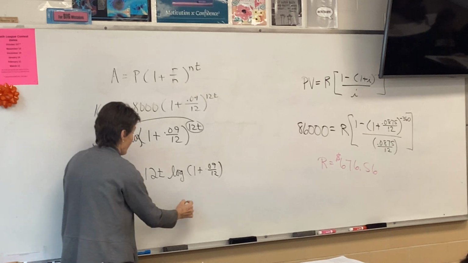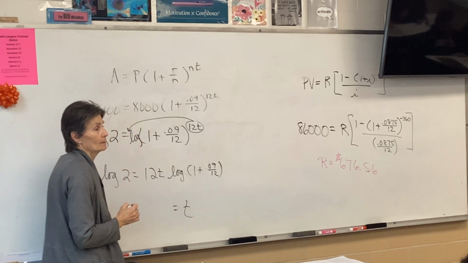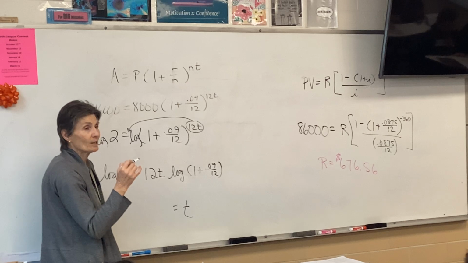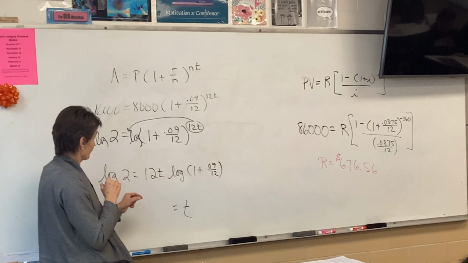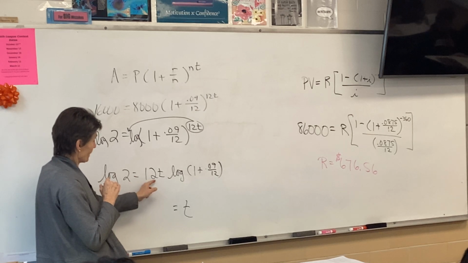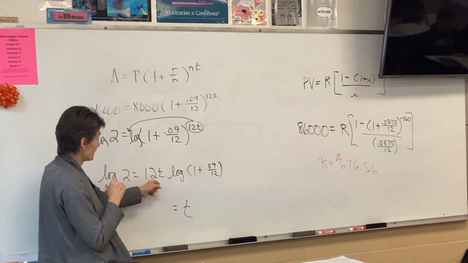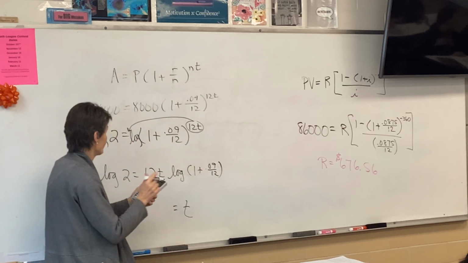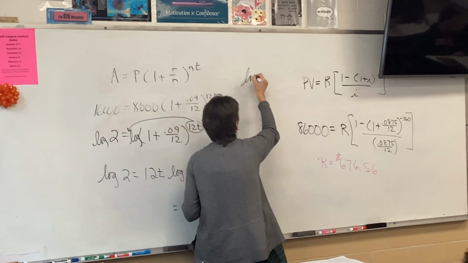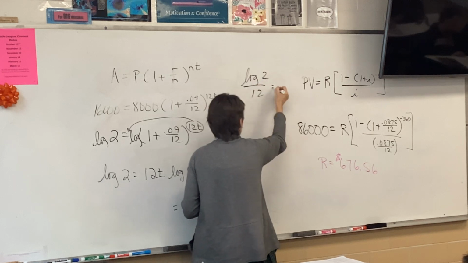Now, my job is to solve for t. So what am I going to need to do to get t by itself? Divide by 12? So I'm going to take log 2 and divide it by 12.